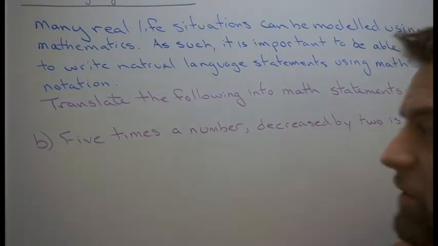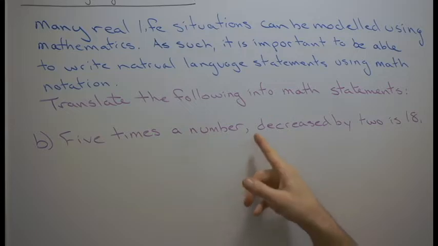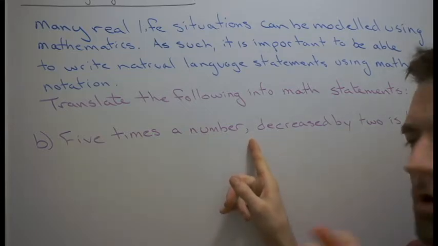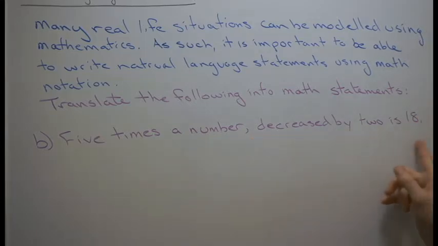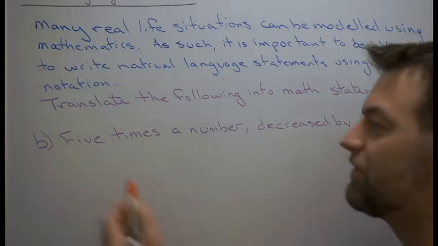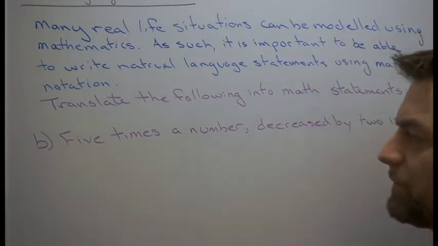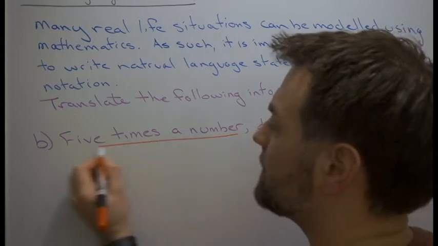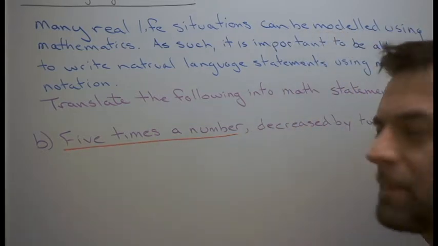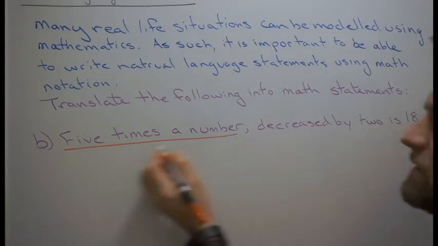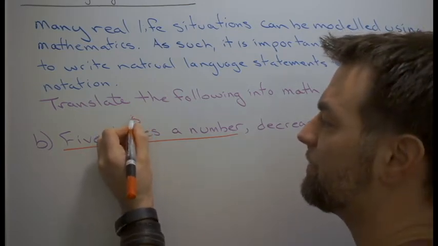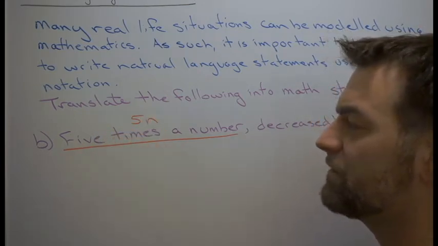So this next question here, we have 5 times a number, comma, and this is important, comma, decreased by 2 is 18. 5 times a number is isolated by that comma. And so 5 times a number would be 5, and again we'll use n for our number.